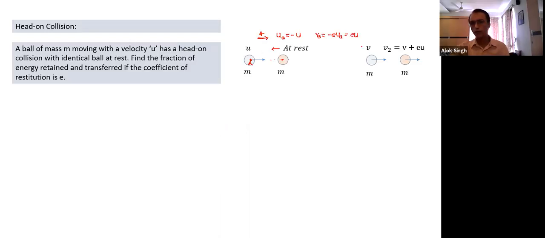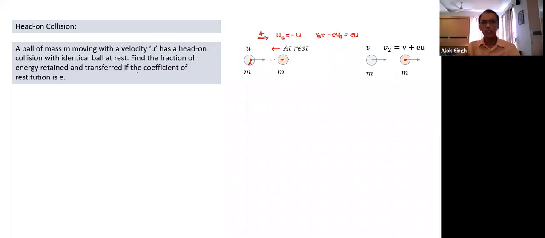That's what we use here. If we draw a figure, and the velocity of the first object is v, the velocity of the second object, which is on the right hand side, will be v plus the velocity of separation, v plus eu. So in this case, very easily you can find the velocity.